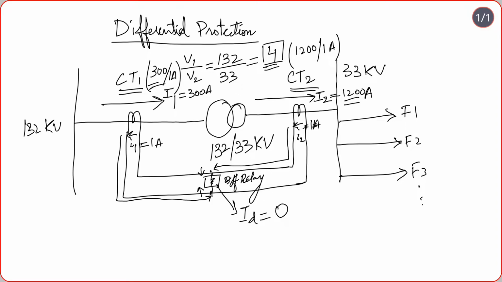Now suppose a fault occurs here, outside the differential protection zone. The differential protection zone is the area between CT1 and CT2.